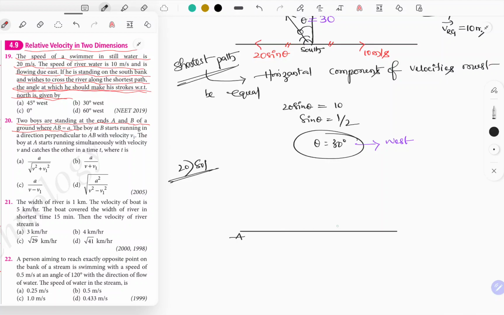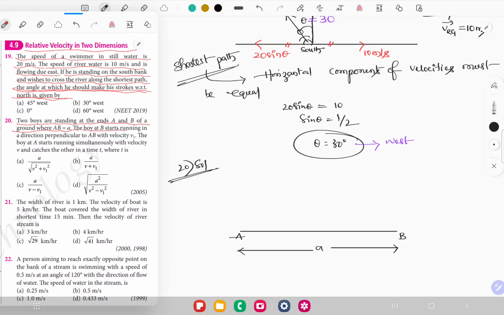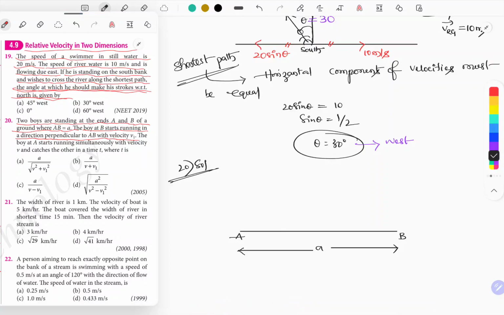So let's say this is A and this is B. Total distance is a. The boy at B starts running in a direction perpendicular to AB with velocity v1. So a boy is at position B who is trying to move in a perpendicular direction with a velocity v1.